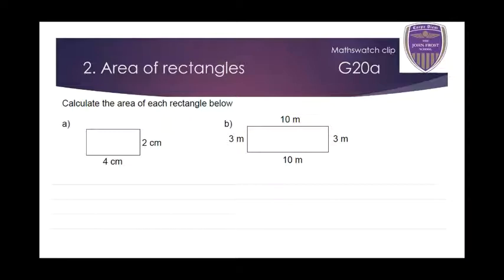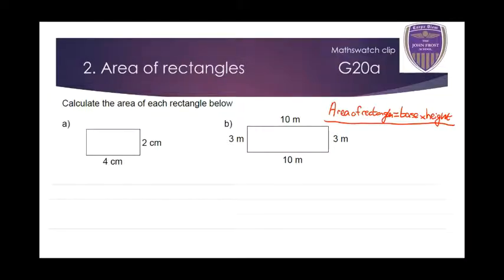So now we're looking at area of rectangles, okay? So remember, the area of a shape, or the area of rectangles, is the base times the height of the shape. Okay, so that's the formula for the area of a rectangle, okay?